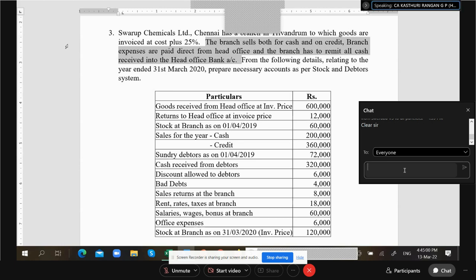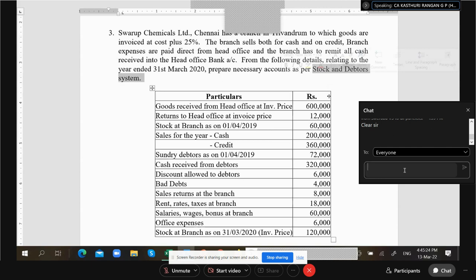But in the exam, they ask you to prepare the accounts under stock and debtors system. So we have to prepare the branch stock account, debtors account, expense account, adjustment account because the goods are sent at invoice price, and finally branch P&L account.